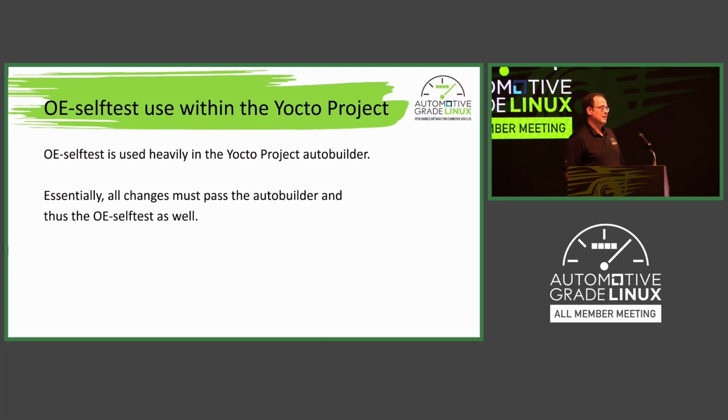Essentially, everything that makes it into Yocto has to pass this barrier. One of these is the OE-Selftest as well. So for example, if a change happens to the tooling and that affects reproducibility or the build process, then this will be found within the Auto Builder as part of this.